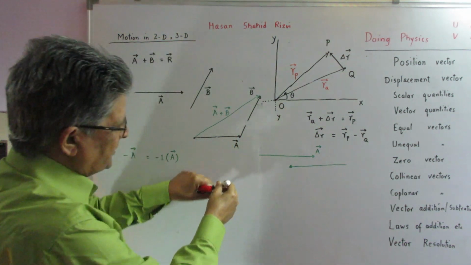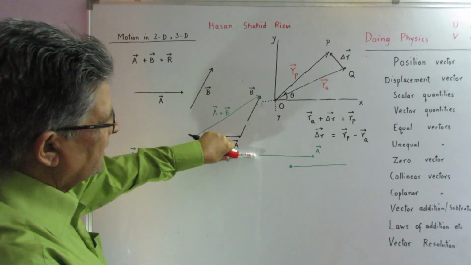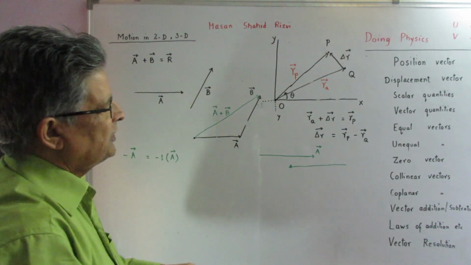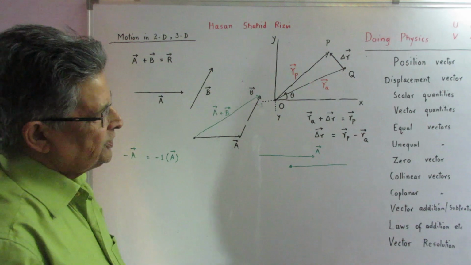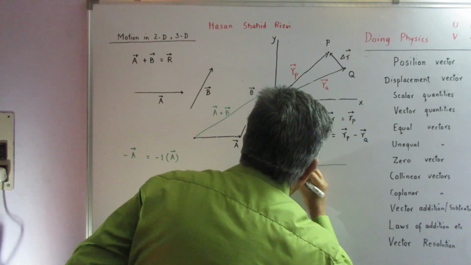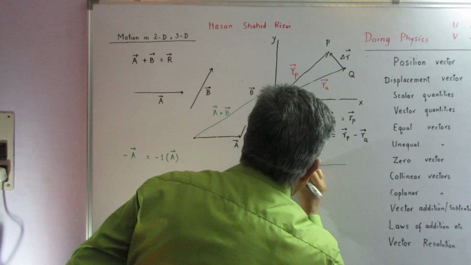If I bring this vector over here, then the angle between the two of them becomes 180 degrees, which are opposite to each other. Then this vector we can call vector minus A.